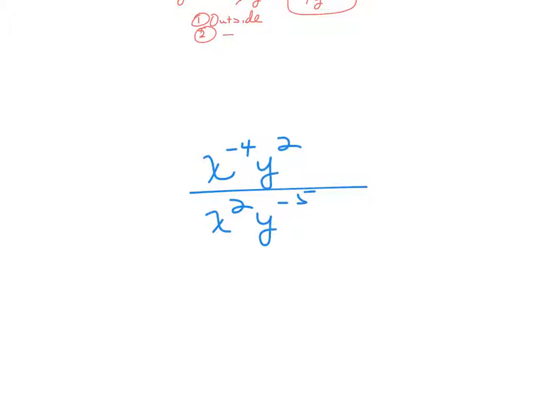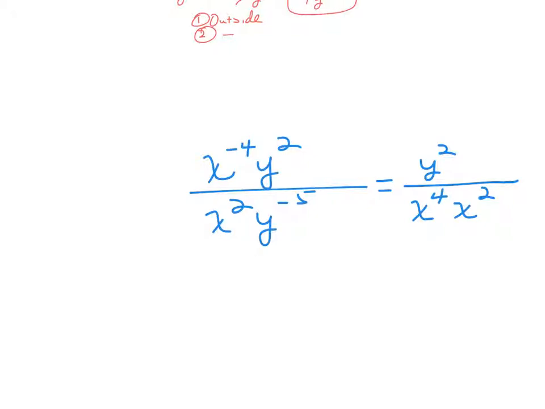Okay, so we don't want to make this more difficult than it is. Let's just move the level on the ones that have a negative exponent. So this x to the negative 4th is going to be x to the positive 4th in the denominator. Y squared is going to stay where it's at. X squared is going to stay where it's at.